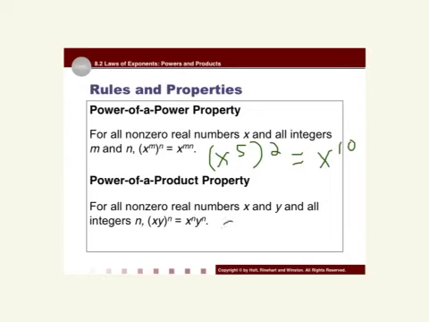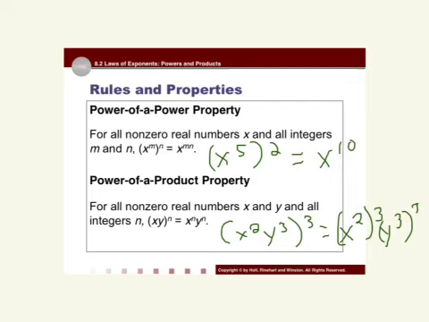So for example, if you had x squared, y cubed, raised to the third power, that would be equal to x to the second cubed and y cubed, which could then be simplified to be x to the sixth, y to the ninth. So that's the power of a product property. It says that if you have a power outside a set of parentheses, you must raise each base inside the parentheses to that power.